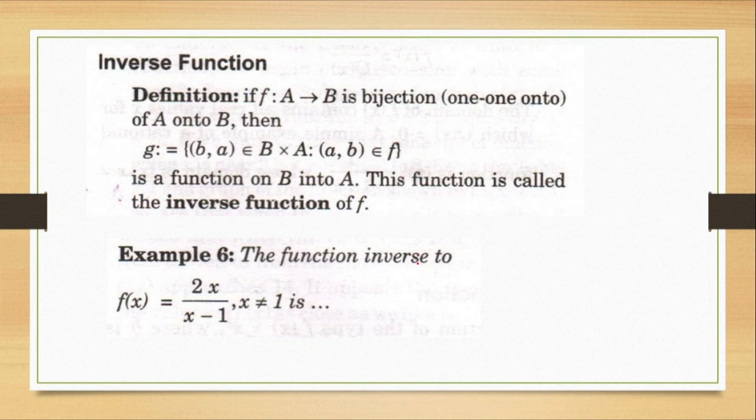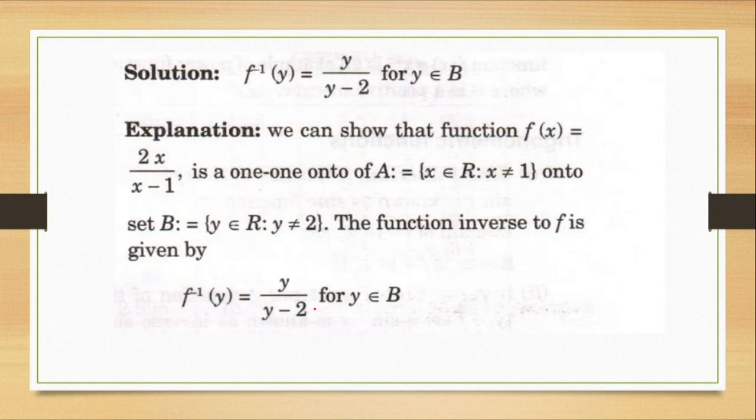So the inverse to f of x equal to 2x upon x minus 1, x not equal to 1, is f inverse of y equal to y upon y minus 2 for y belonging to B.